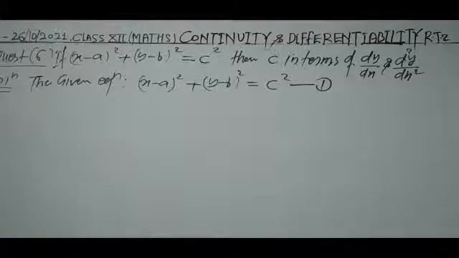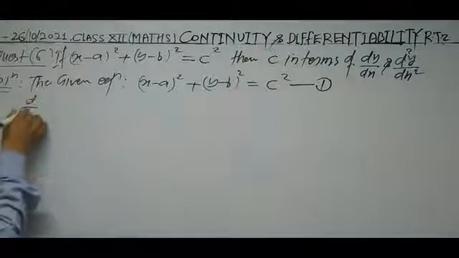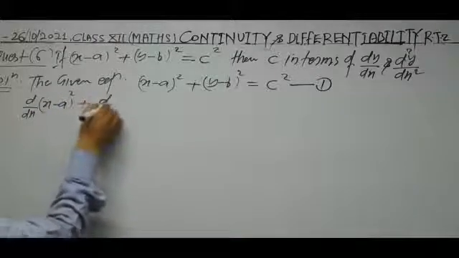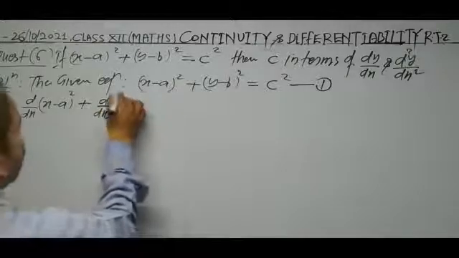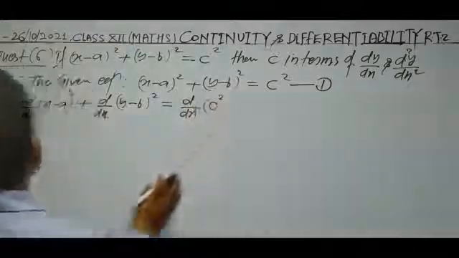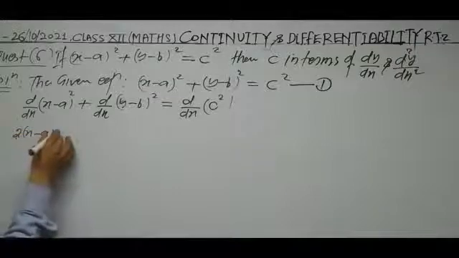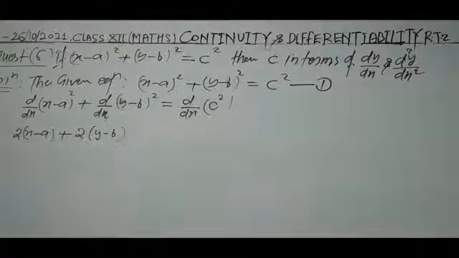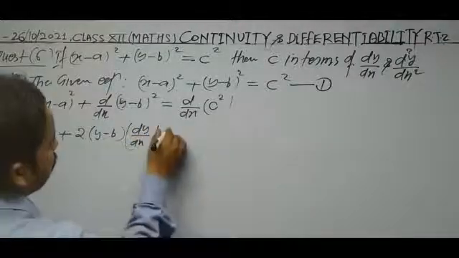So operate d by dx on both sides: d by dx of x minus a whole square plus d by dx of y minus b whole square is equal to d by dx of c square. Now this result will be 2 times x minus a plus 2 times y minus b with dy by dx is equal to 0.